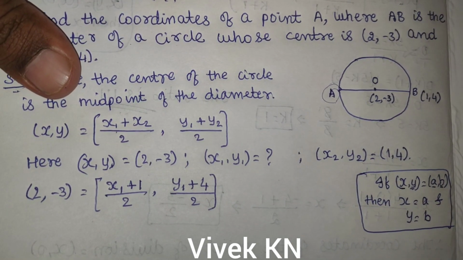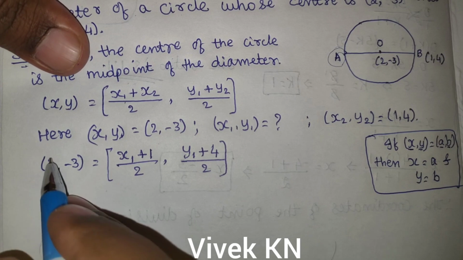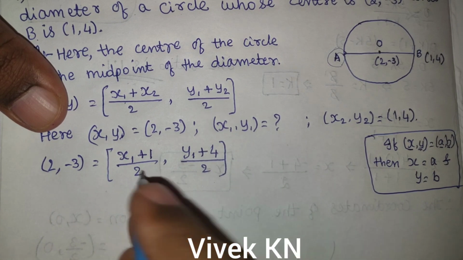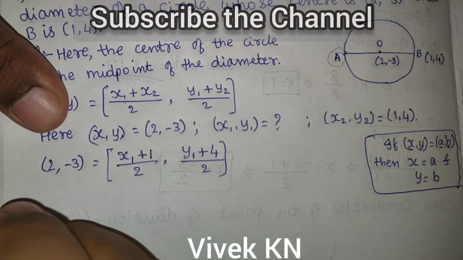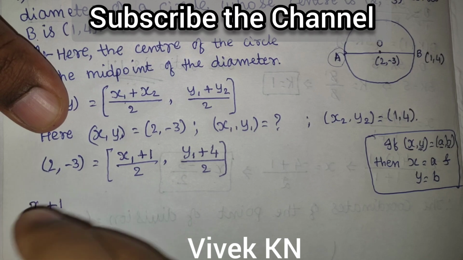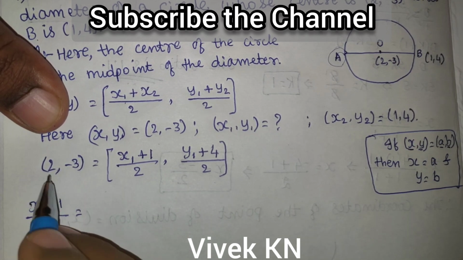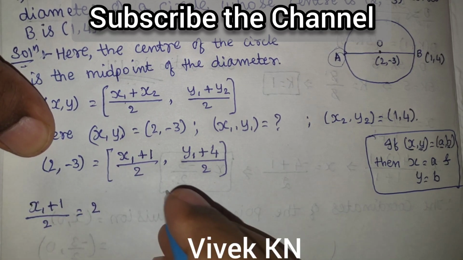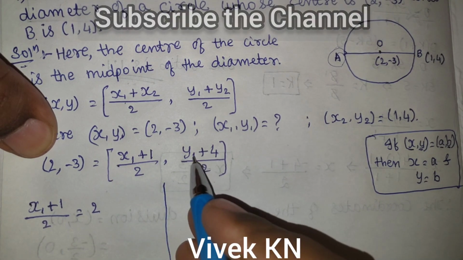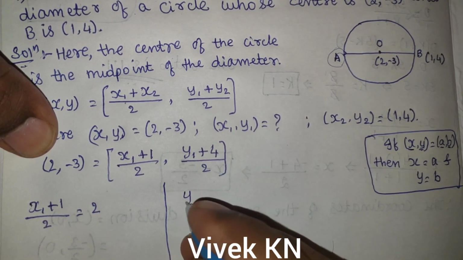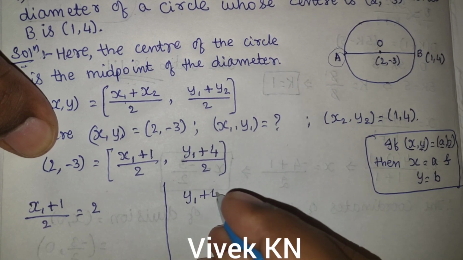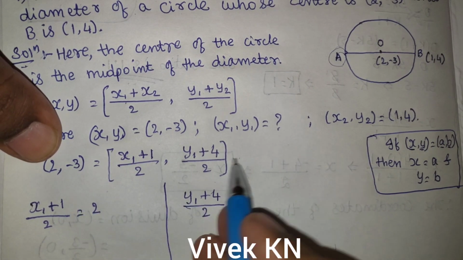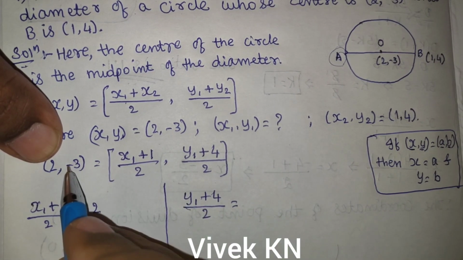Like this, we have to equate the x coordinate of the LHS and the x coordinate of the RHS, that is (x1 plus 1) divided by 2 is equal to the x coordinate of the LHS, that is 2, and the y coordinate of the RHS, that is (y1 plus 4) divided by 2, must be equal to the y coordinate of the LHS, that is -3.